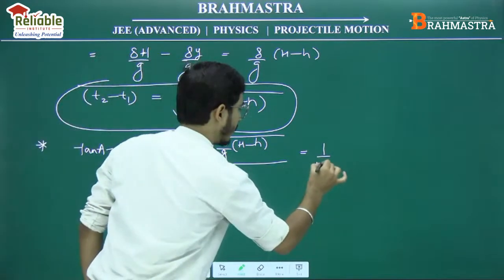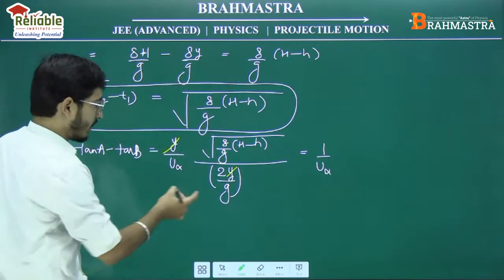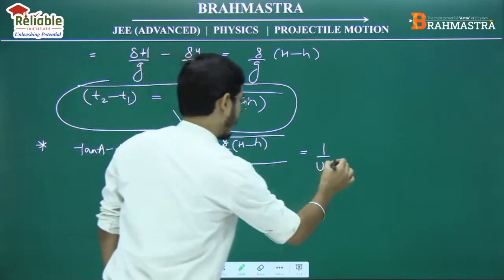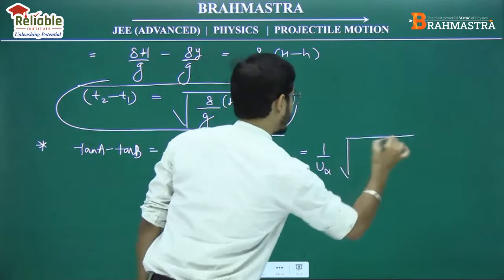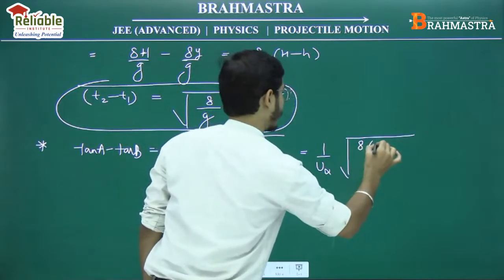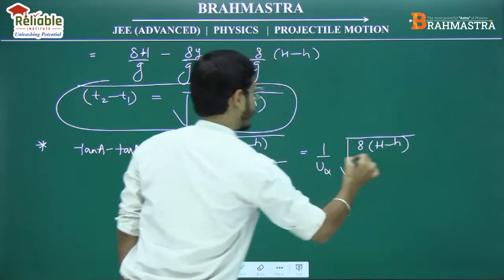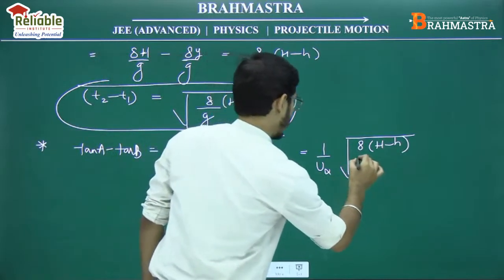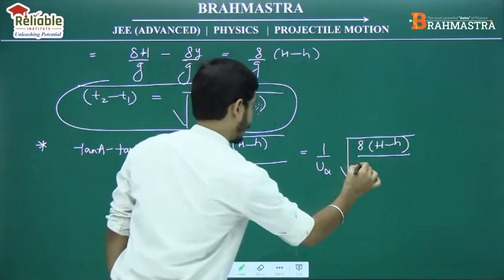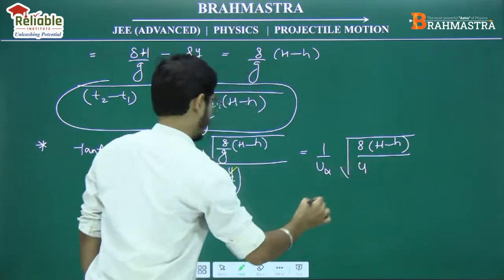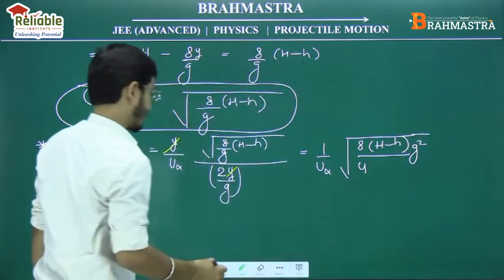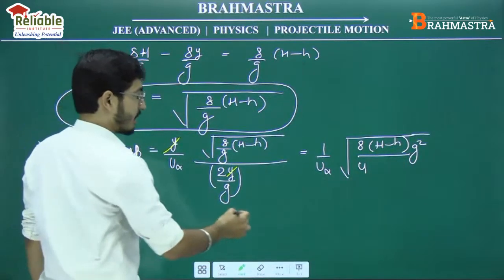Again rewriting this expression, making it more understandable. Let's keep the 1 over ux out. Okay, and let's take this complete quantity, the denominator, up. So this becomes 8 into H minus h. This expression remains, and I'm writing this 4 into g square.